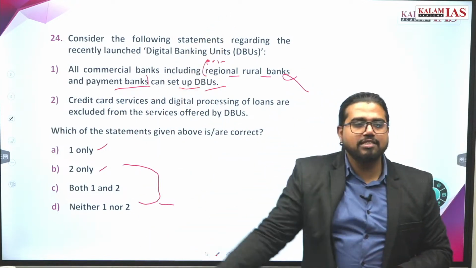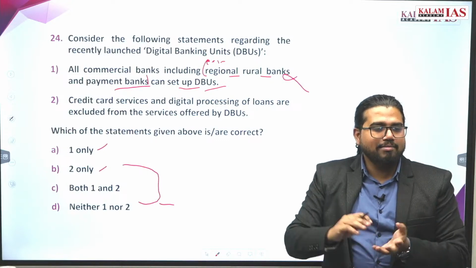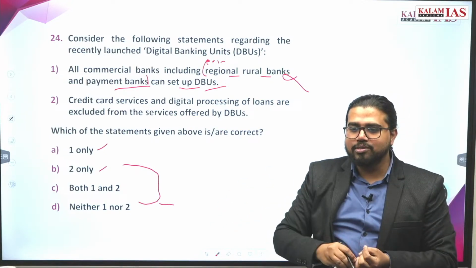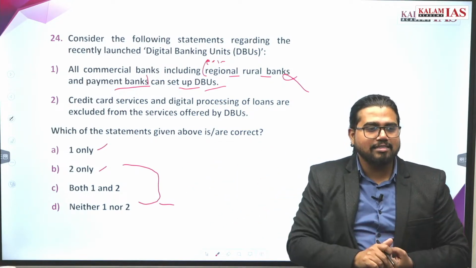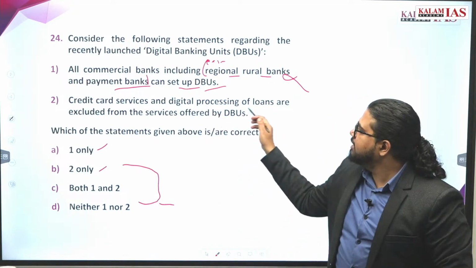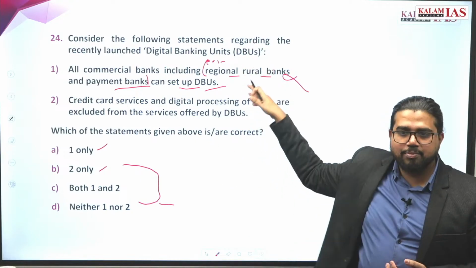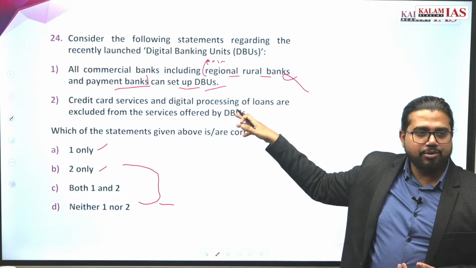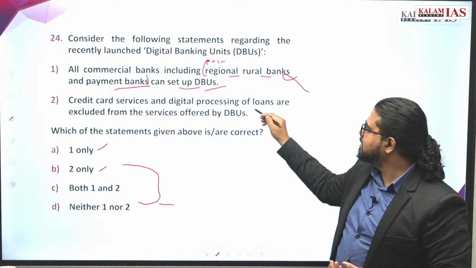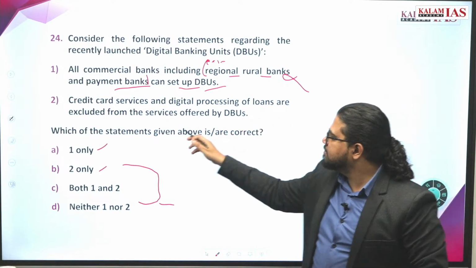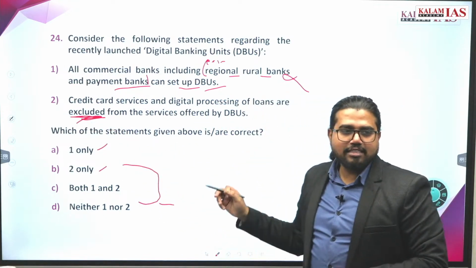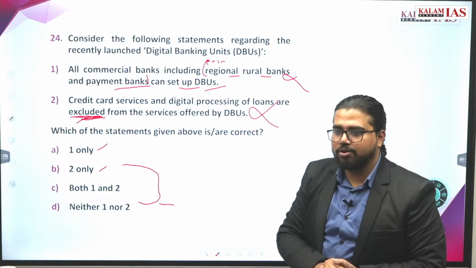There is a list of services given on the website, from small things like printing the passbook or answering enquiries, to credit cards and digital processing of loans. Almost every banking service is being provided under these DBUs. So the second statement, which is excluded, is also wrong.